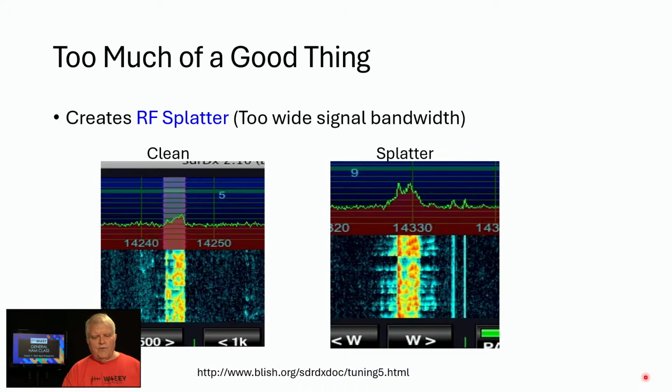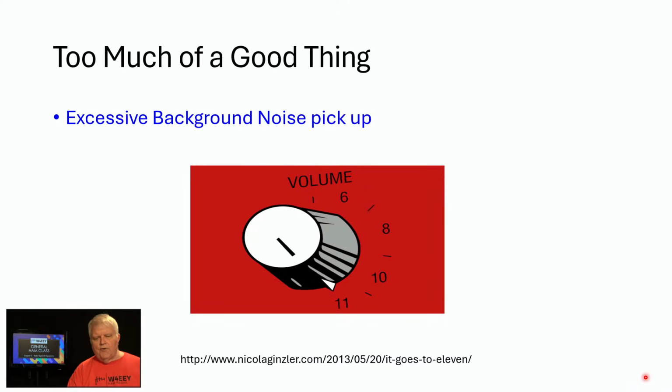It can cause frequency splatter, where you have a clean signal on the left there and a splattering signal there on the right, which is too wide. Also, if you have the gain turned way up, you can pick up lots of background noise. Your dog barking in the background, etc., etc.